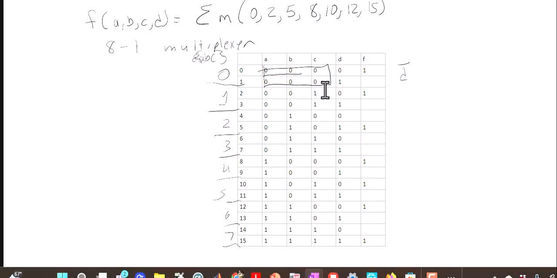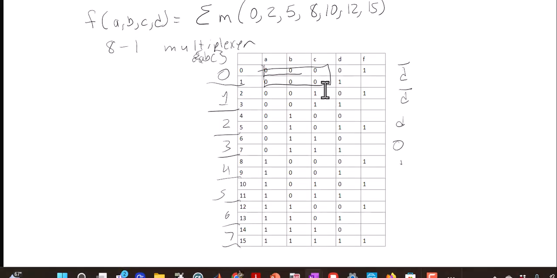The same is true when ABC is 1, and when ABC is 2, F equals D. When ABC is 3, F is 0. When ABC is 4, 5, and 6, it's the complement of D. When ABC is 7, it's D.